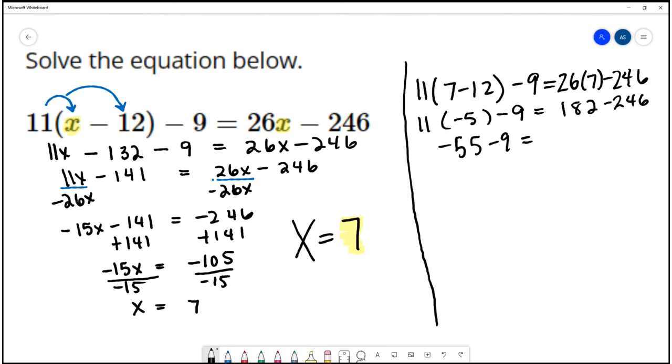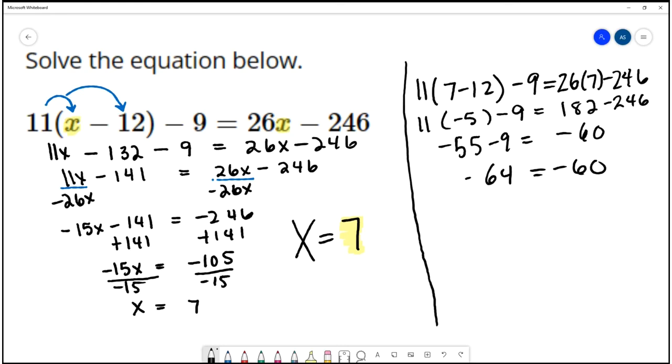And on the left-hand side, we've got negative 55 minus 9, and that's negative 64. Okay, so the two sides are not matching up.